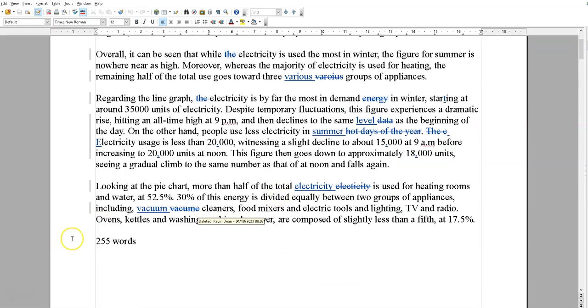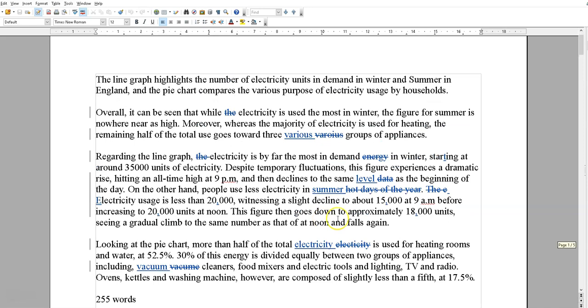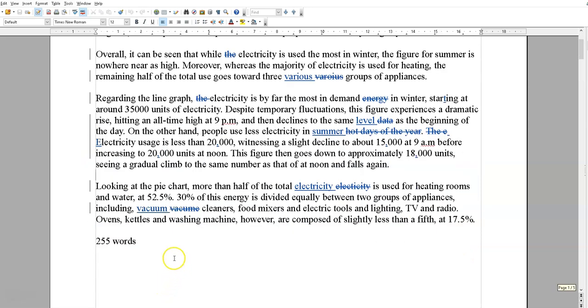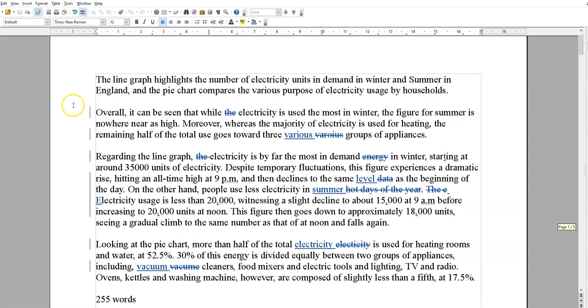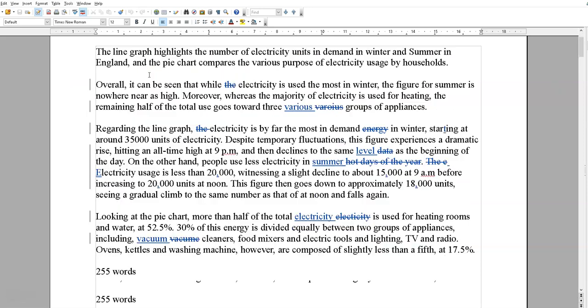So, 255 words. I don't know how it's 255. You don't really need it. I mean, I did it in 177. Most of it seems to be here in this paragraph. You don't really need all that. And do you have time to write 255 words in 20 minutes? Maybe not. Anyway, a line graph highlights numbers of units in demand of the summer in England. Okay, introduction's good.